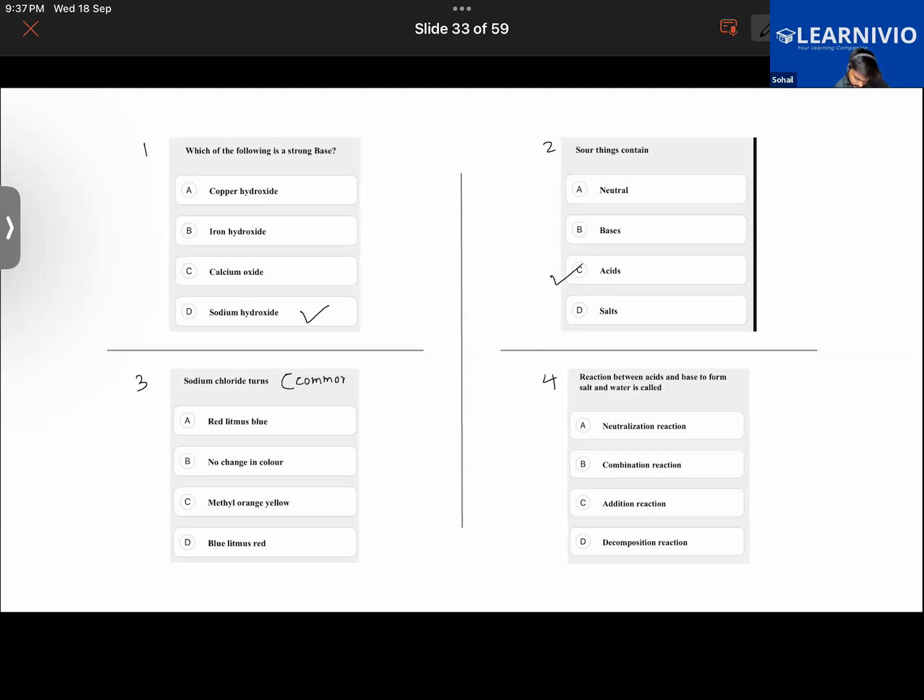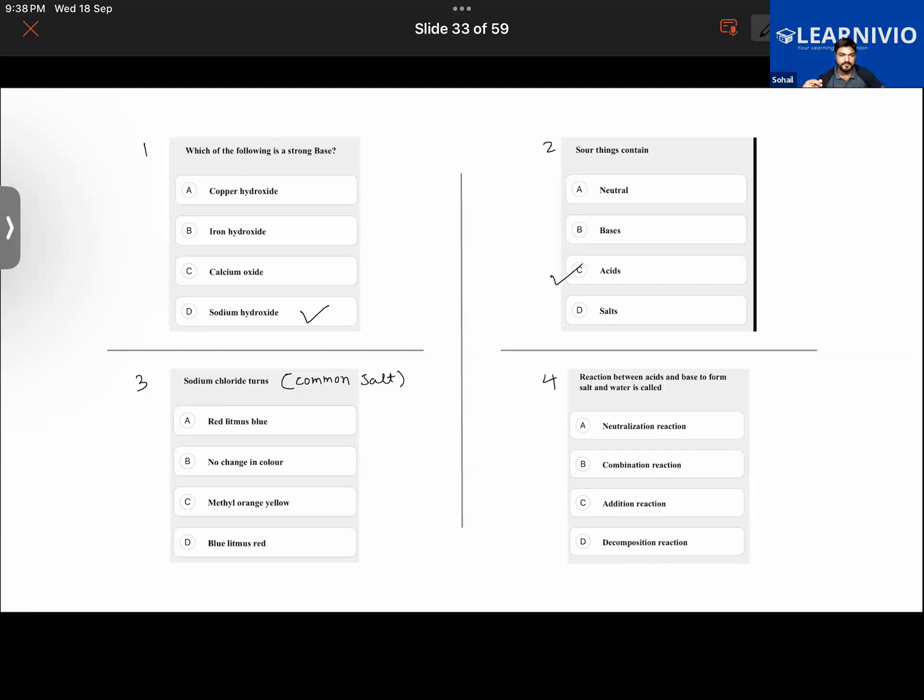The third question, I'm not sure. It's a simple one, by the way. Sodium chloride, what is it basically? How is the sodium chloride formed? Common salt.